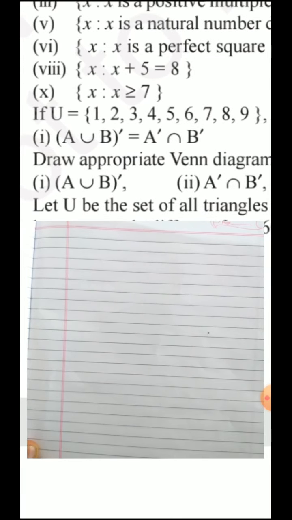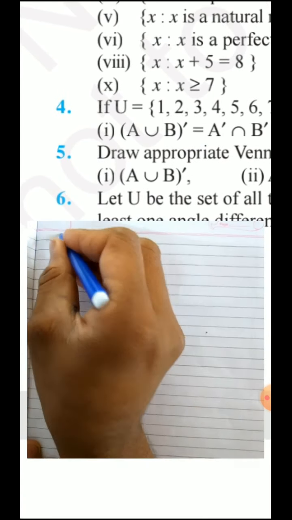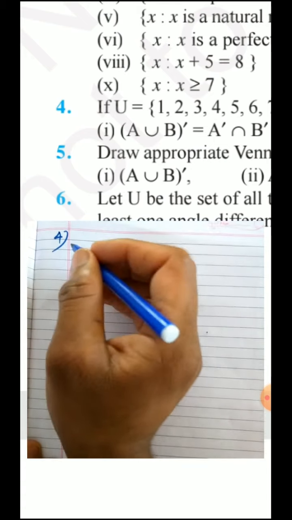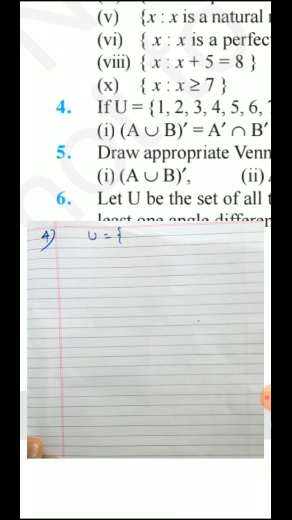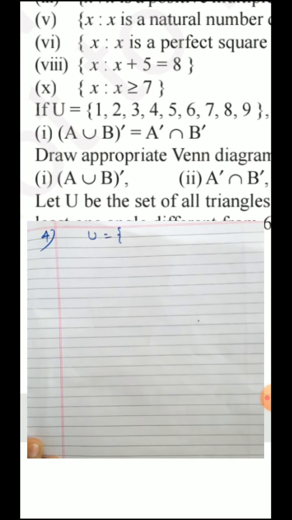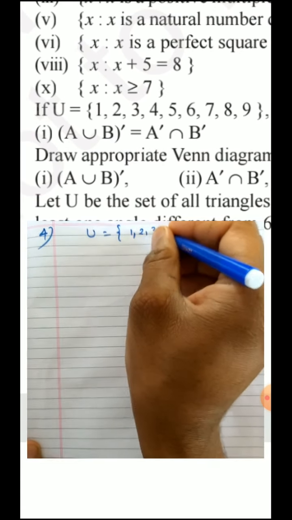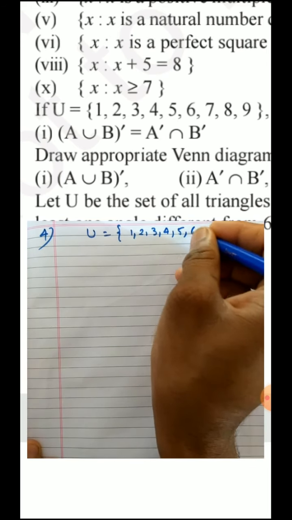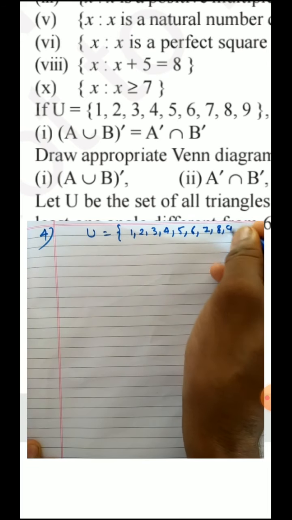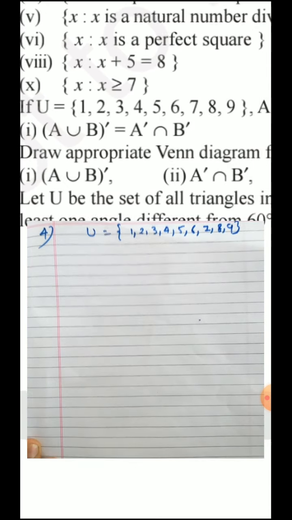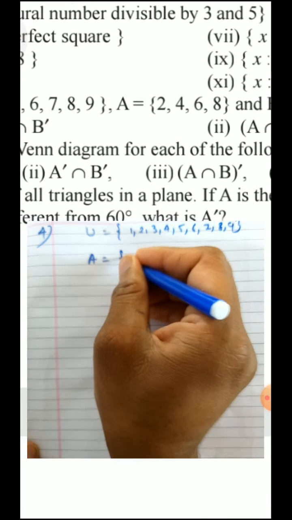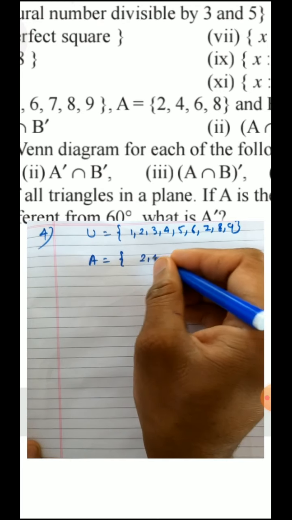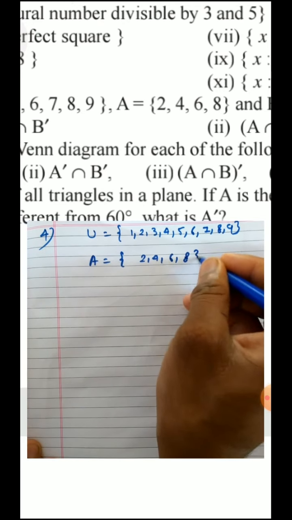You have to verify it with the help of the given sets. Question number 4. Universal set U equals the set of the first 9 natural numbers: 1, 2, 3, 4, 5, 6, 7, 8, 9. Right? Any set A equals 2, 4, 6, 8.